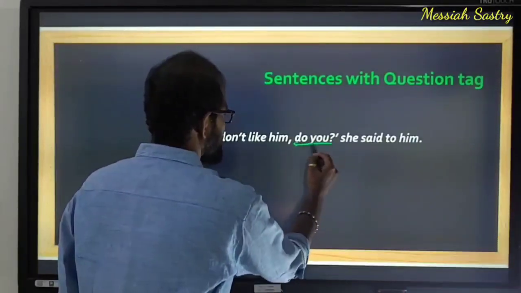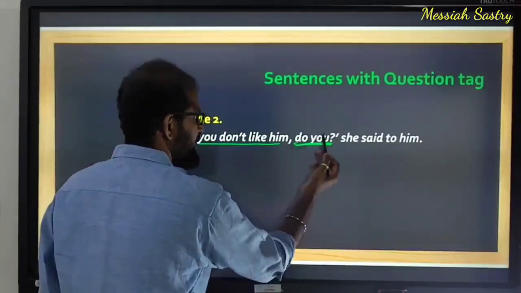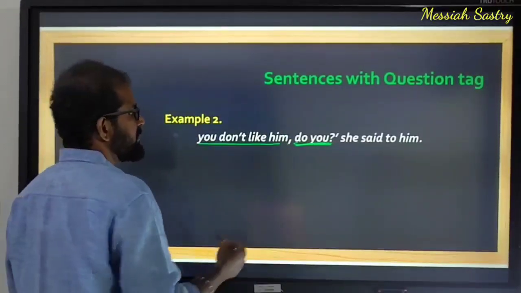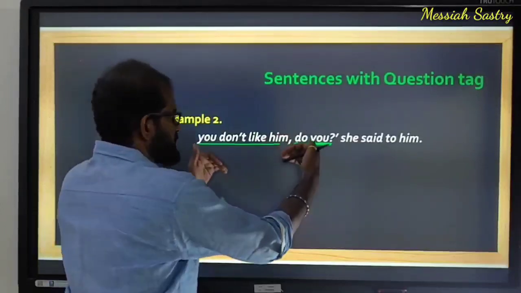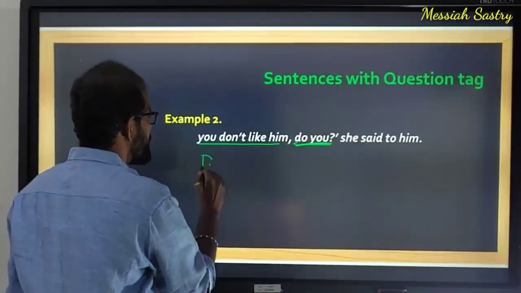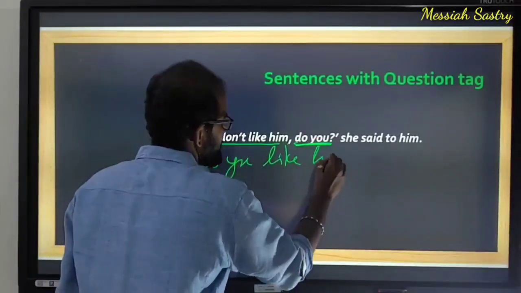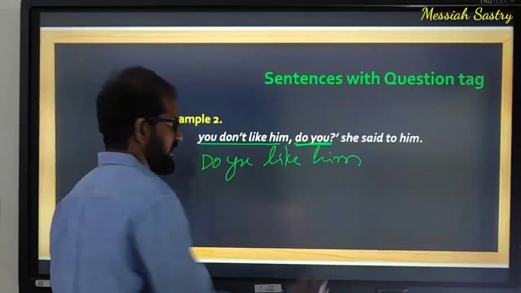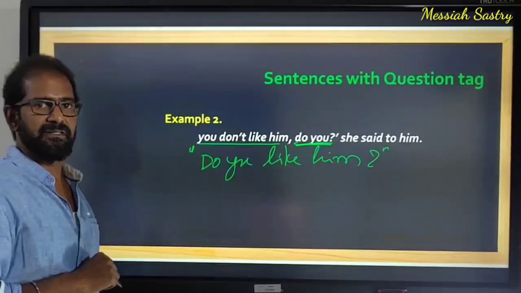So it is a question tag. Do you is a question tag. Assertive sentence, comma, and do you is a question tag. So first convert into a closed interrogative sentence. You don't like him, do you? What is the meaning of it? Do you like him? Now it is a closed interrogative sentence.